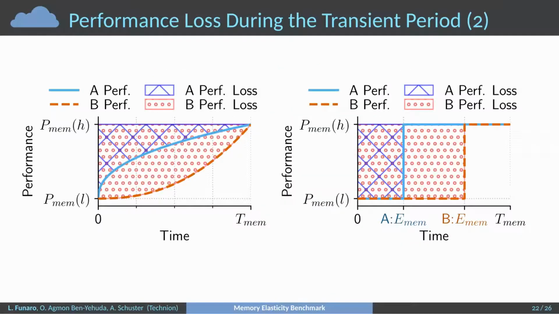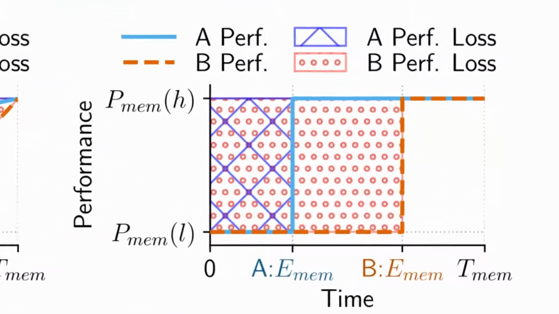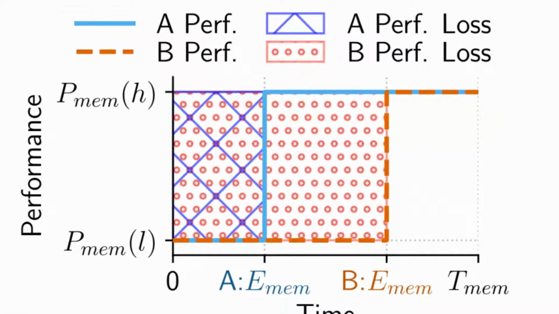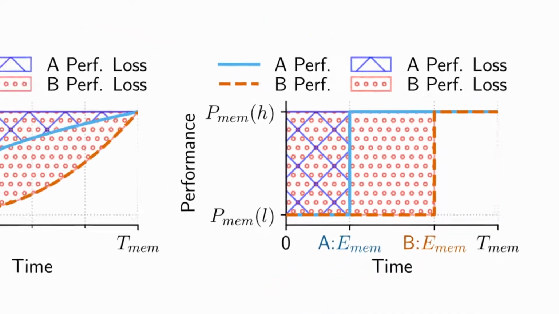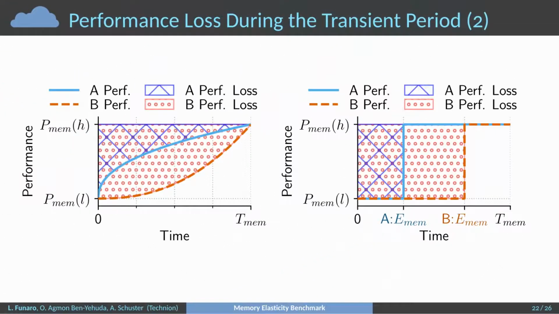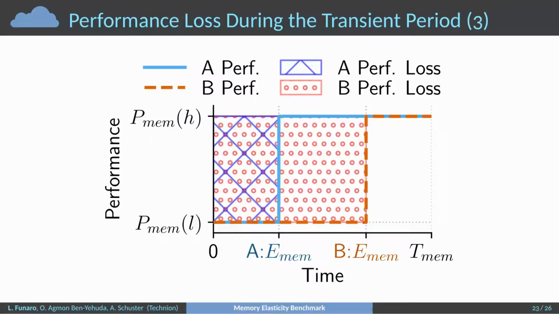Notice the new graph to the right. It represents the same two applications, but we manipulated their performance to remain the same for some time and then immediately climb to the expected performance. The connection between these two graphs is that the area above the graph of each application is identical in both of them. Looking at the right graph, we consider the time period until the application performance climbs to the expected performance as the effective tmem, or Emem in short.